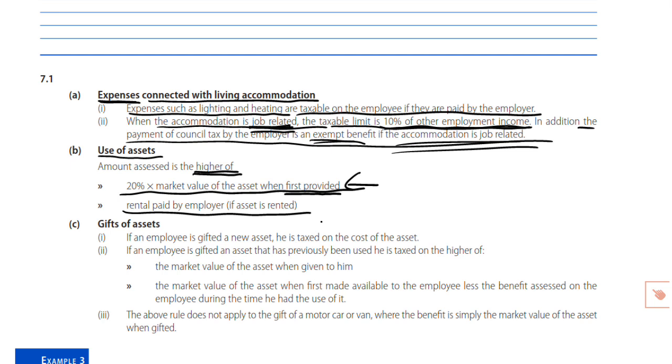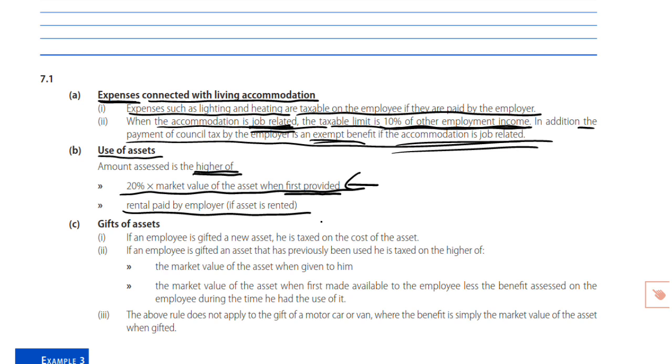Now that is a generic rule that exists for all other assets made available for the private use of an employee, other than those where there is a specific rule, like the living accommodation seen so far, like cars, like fuel benefit, well, a fuel wouldn't be an asset, of course, but like a car, or even like a van, not so luxurious as a car, but a van there, if provided.